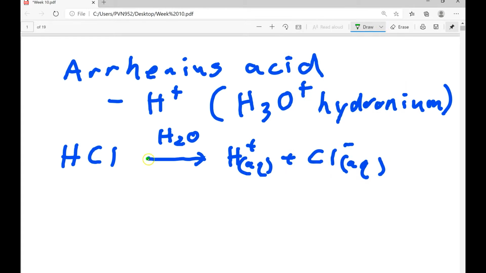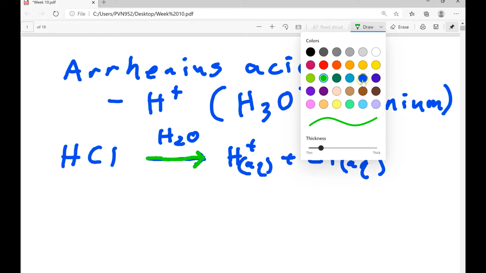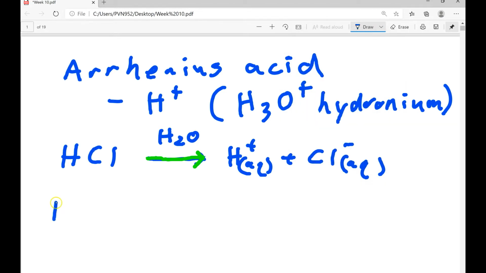So in the case of HCl, we indicate full dissociation with a single arrow. We can also draw out this reaction as such. We can say, okay, imagine we have HCl in solution and we add water.